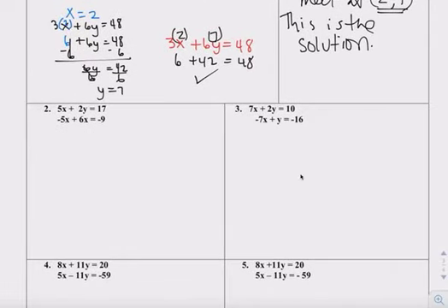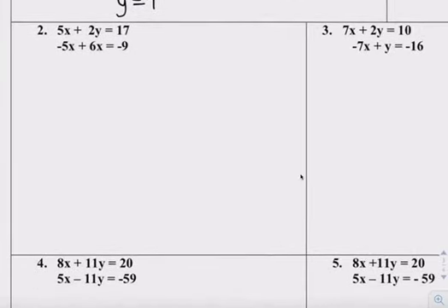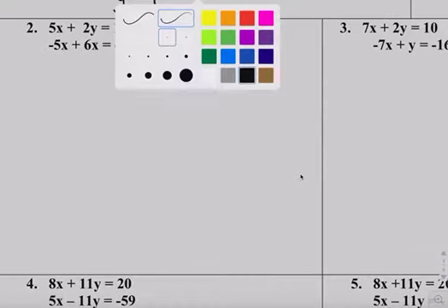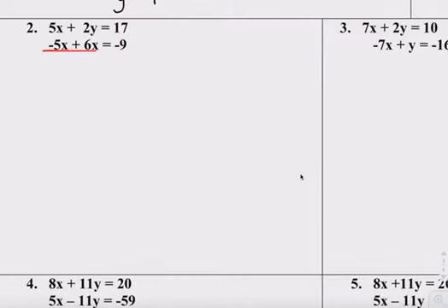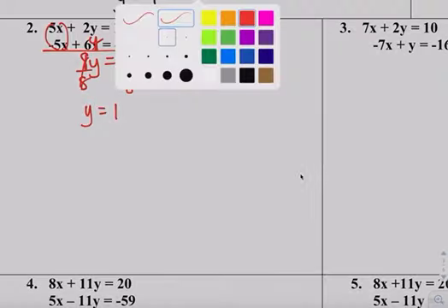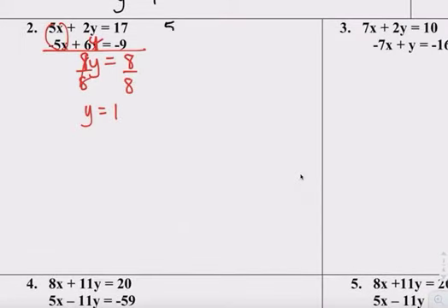Okay, let's look at this one. Make 0. Oh, I meant that's a y, guys. 8y equals 8. Divide by 8. Y equals 1. To find x, 5x plus 2y equals 17.